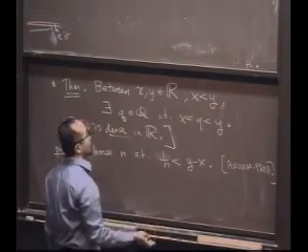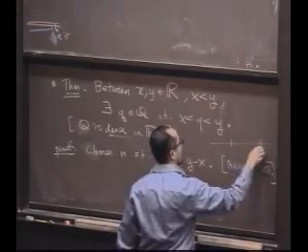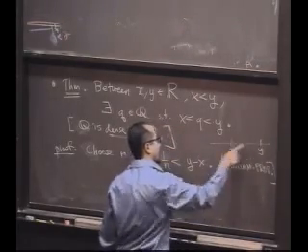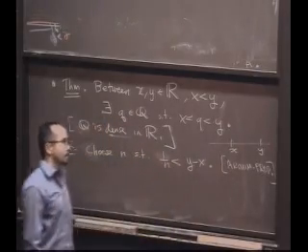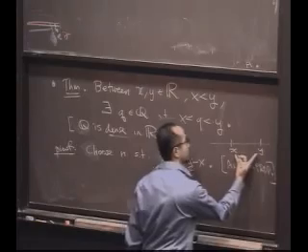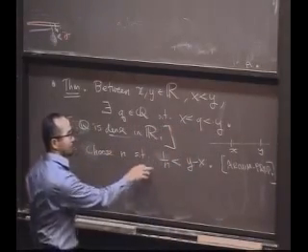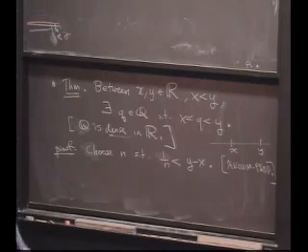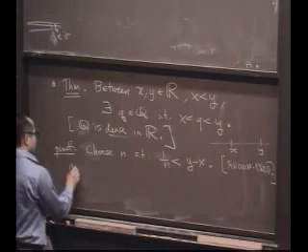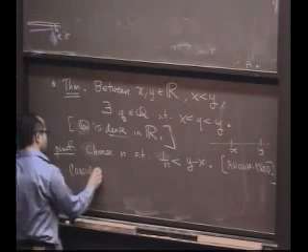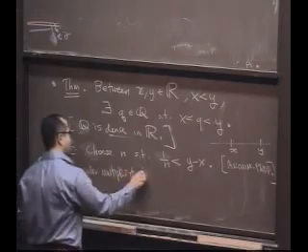Let me draw a picture because this may help. Here's y, here's x. Look at their difference. Find a reciprocal that's smaller than that difference. If you imagine these numbers being really close together, this number n might be really, really large. Now, consider multiples of 1 over n.